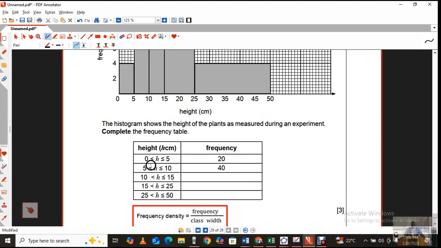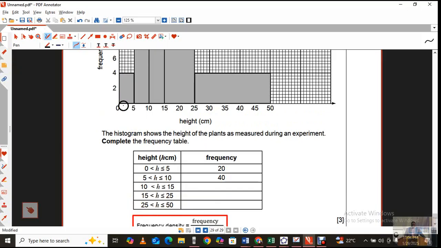Look at the intervals from 0 to 5, which is this one here, and they get 20. If you look at this rectangle and you calculate the area of the rectangle, that is 4 times 5. When you calculate the area of the rectangle, you get 20. That's what they did there. Let's see how to find the one between 5 and 10. What is the area? It's 5 units over here, because here it's 5.